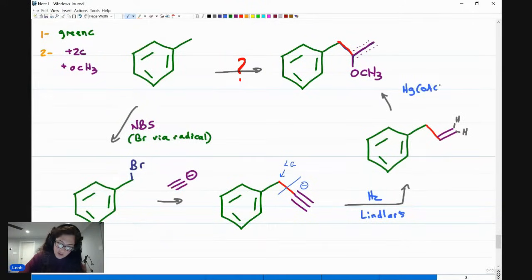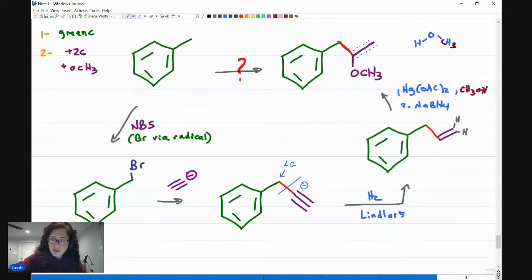Oxymercuration is HgOAc2, H2O as step 1, and then step 2 is NaBH4. All I do is change it. Remember the backpack trick? If H2O is what I would use, but I want a backpack on there, a CH3, I just take that reagent and put a CH3. So I'll use CH3OH, and I get my product.